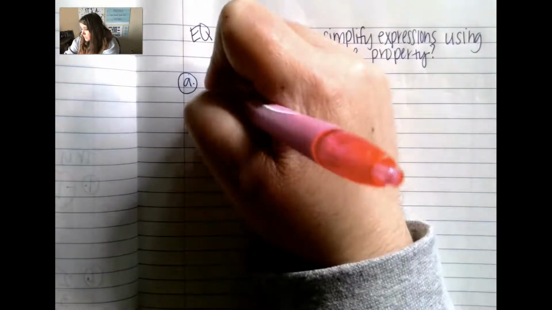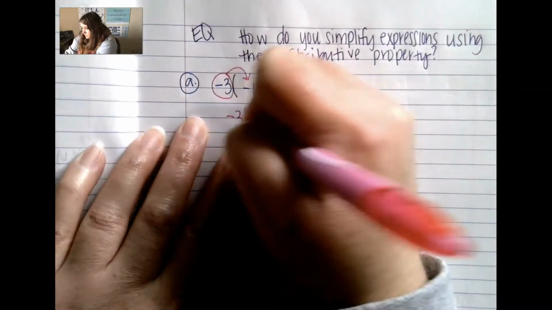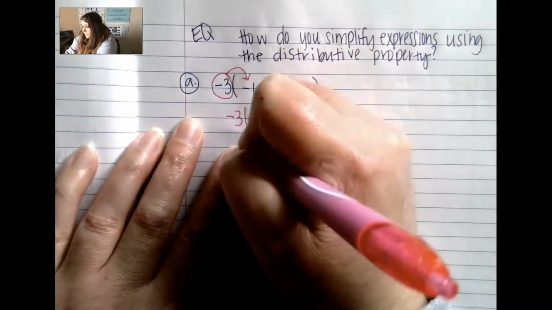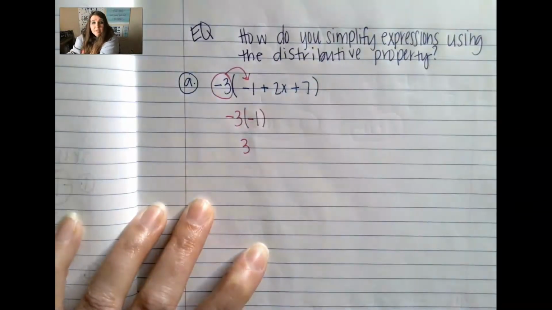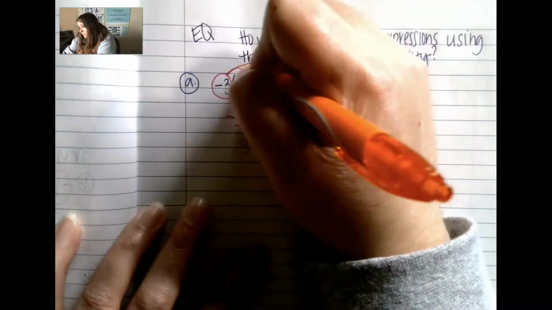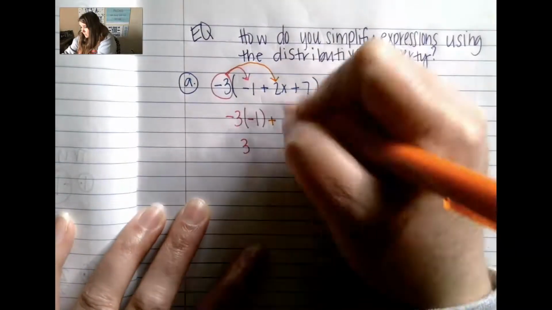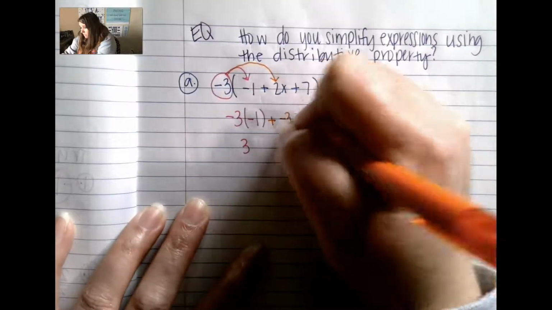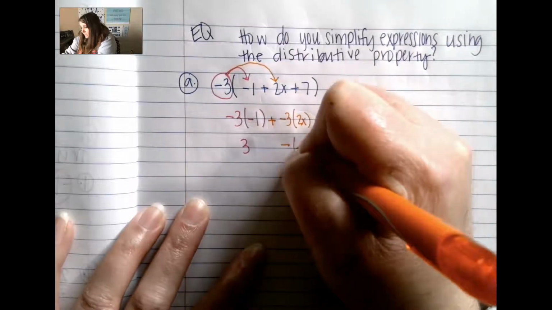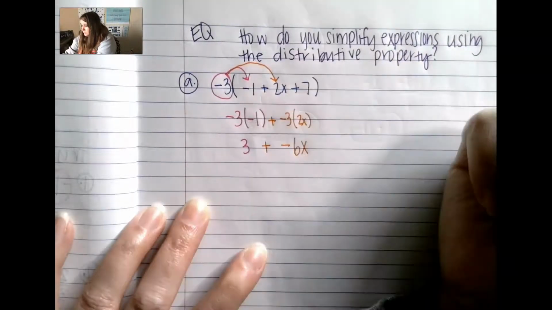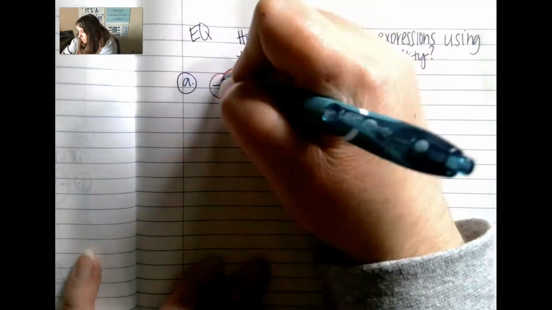Okay, so we're going to start with -3 times -1, and that gives us a positive 3. We're then going to take -3 and multiply it times 2x. So we have -3 times 2x, and that's going to give us -6x. Okay, and then last we have another one.